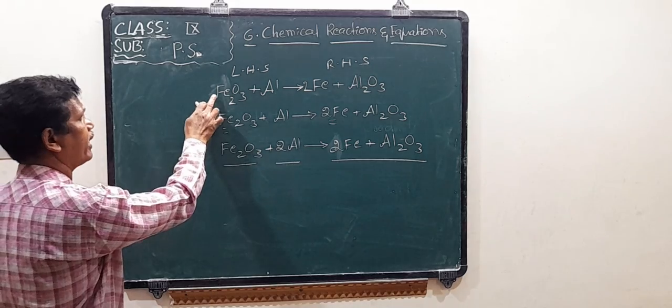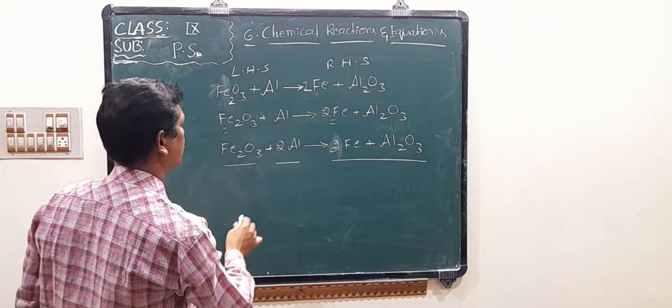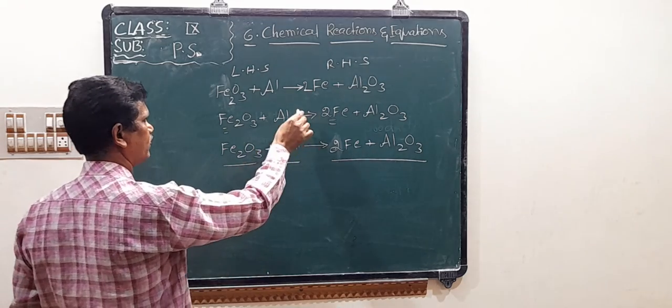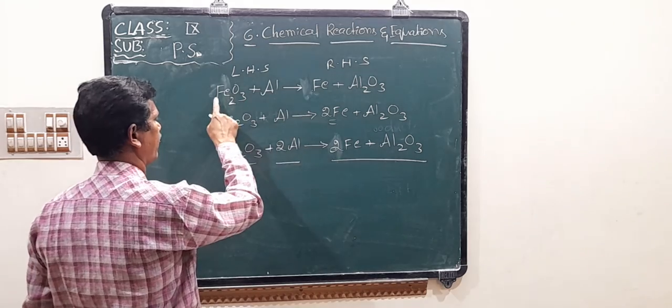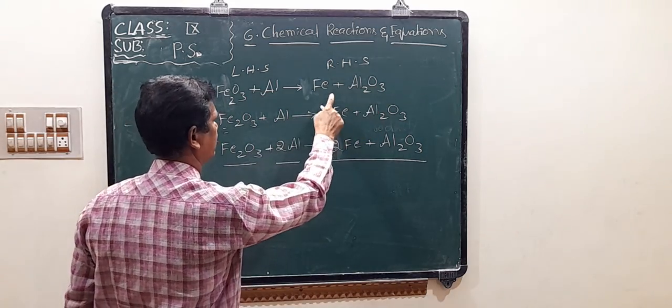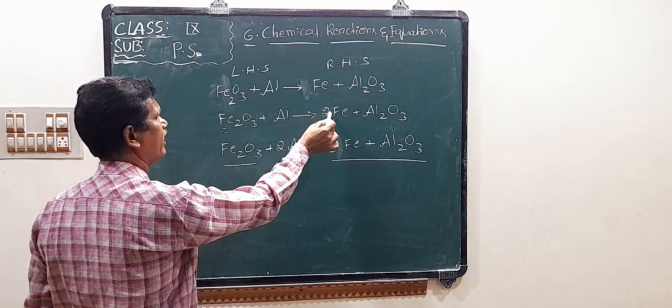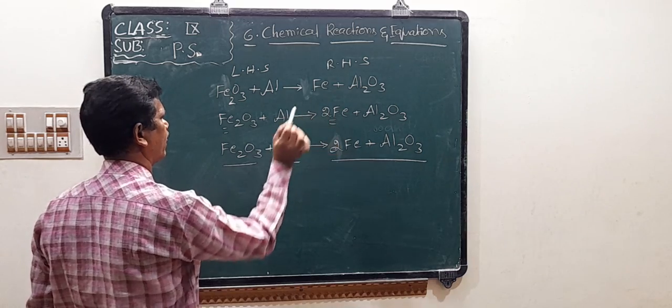This is the starting equation: Fe2O3 plus Al gives Fe plus Al2O3. We balance the iron atoms by putting coefficient 2 before the iron.